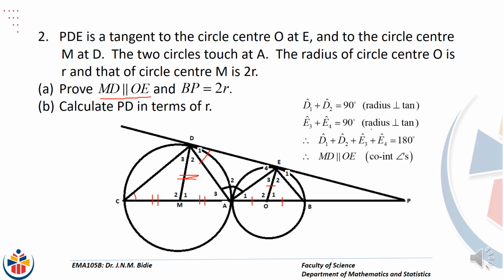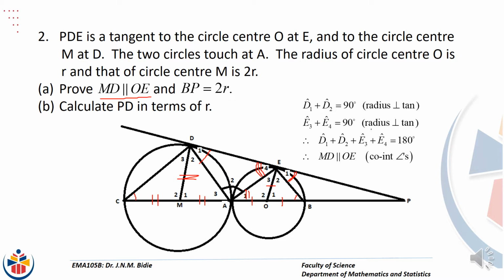Also E1 is equal to angle A1, angle in the alternate segment. Also E4 is equal to angle OBE. And then base angles.